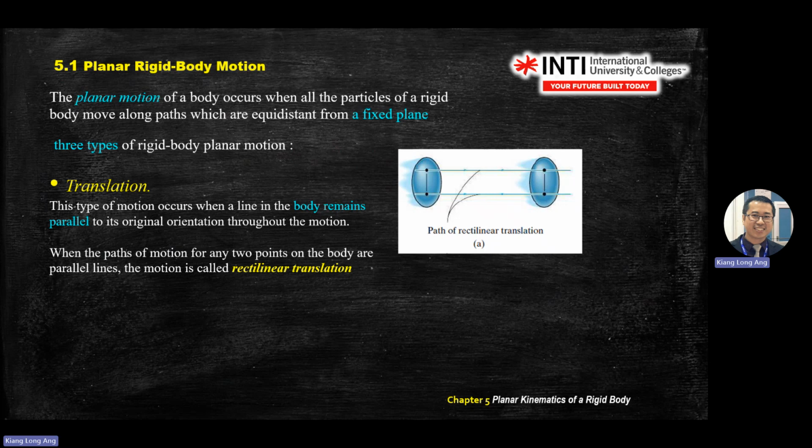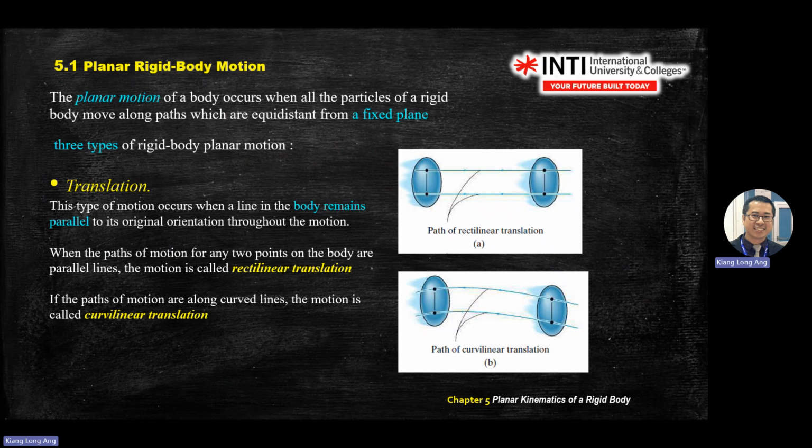The body remains parallel to its original orientation throughout the motion, meaning the body doesn't change orientation. If it's straight, then it's straight all the way. This is called translation.